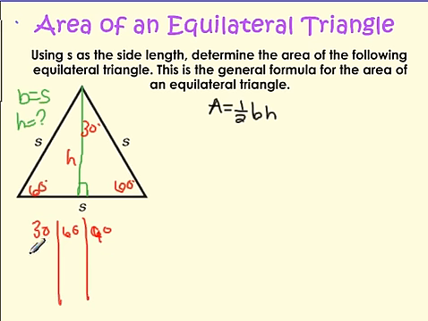That's a 90. And our relationship for the side lengths is A, A root 3, and 2A.